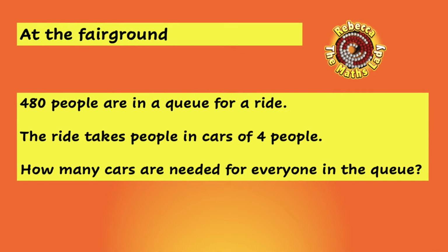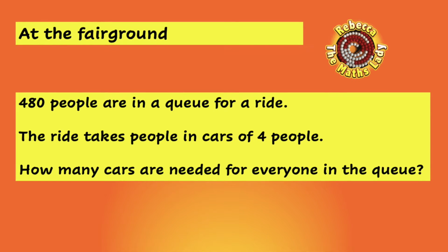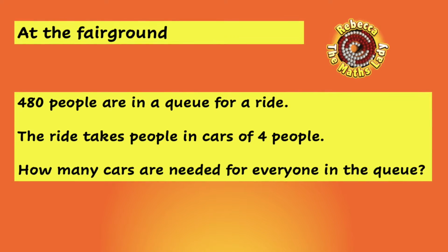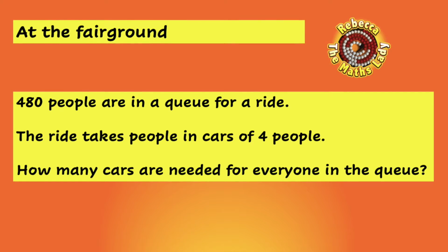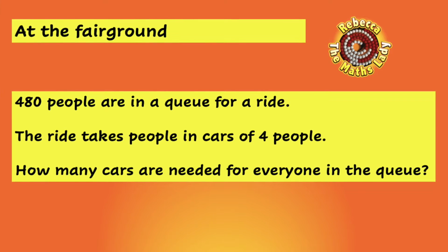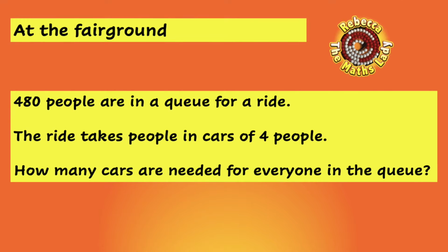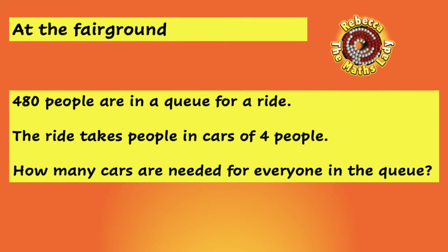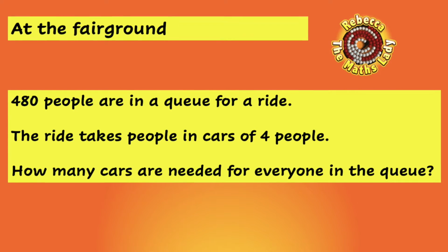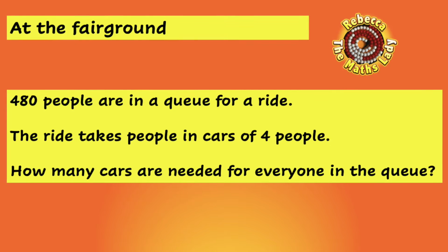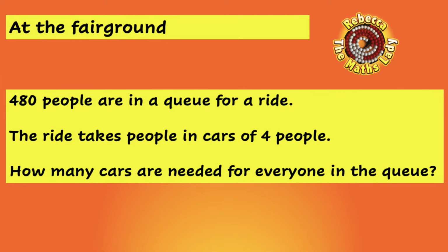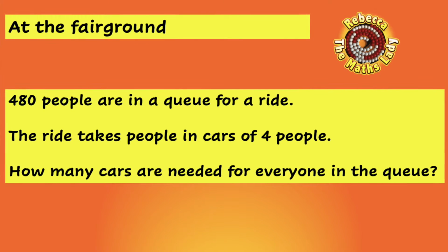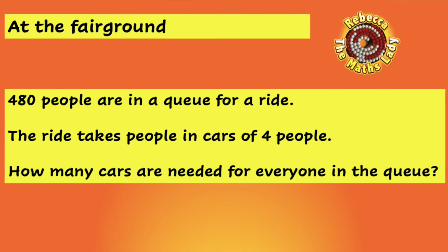The question is asking you to find out how many 4s there are in 480. And you may do it by counting groups. You may say that, well, there's 100 4s in 400 and then we need another 20 4s. But you may also have done it by halving 480 and halving it again to divide by 4 by sharing it into 4 equal groups.